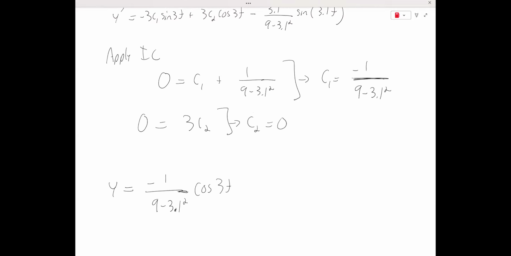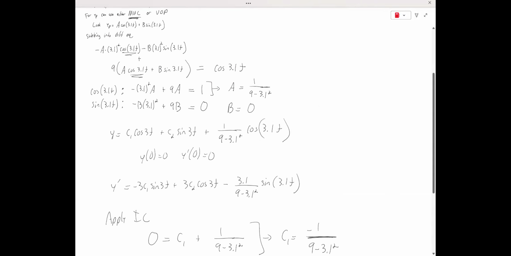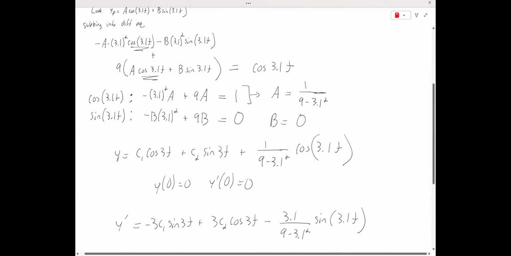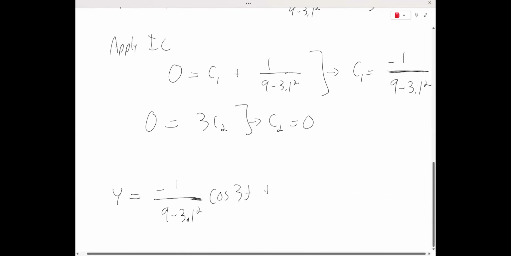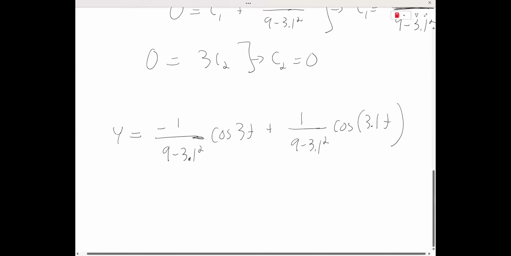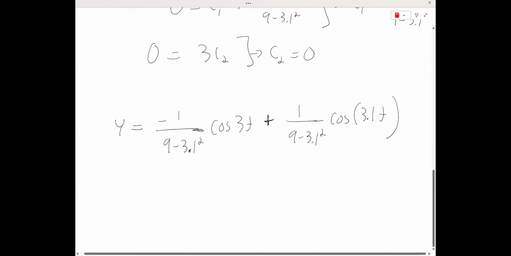And then for the particular solution, that was from this, so that was 1 over 9 minus 3.1 squared, and cosine of 3.1t here. So you end up with this here, the equation of motion for the spring. Okay, so anything on that?